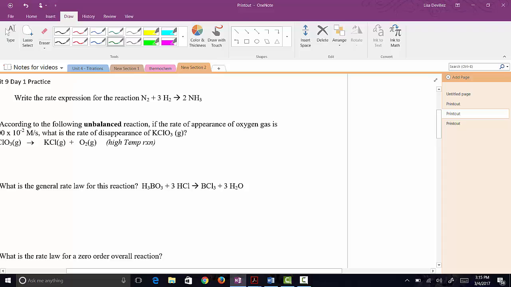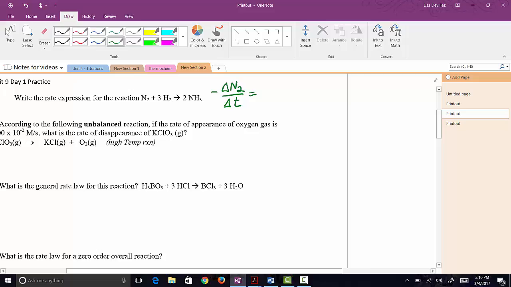So here, if I say minus delta N delta T, all right, then I'm going to write everything in terms of how it compares to the change in concentration of the nitrogen. All right, so the nitrogen has a 1.